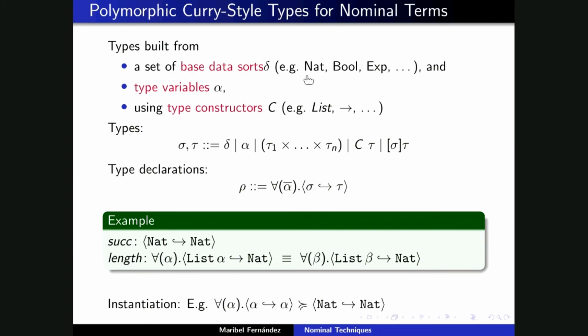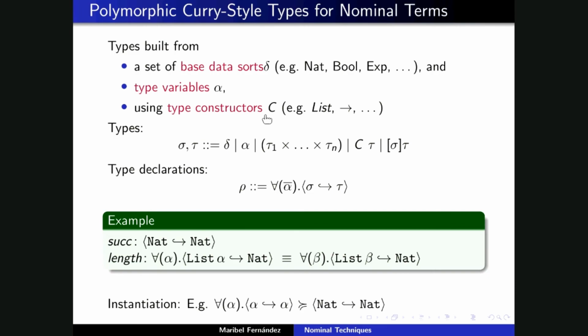The variables are called alpha, beta, gamma, etc. And to get user-defined types, we will also permit type constructors in our language of types. Like we have the term formers in the syntax of terms, the F and G, etc., that build terms, we can have a list constructor or a tree constructor and use those to build types.